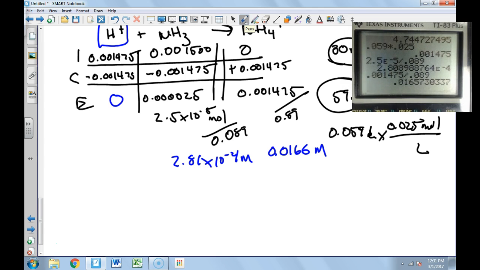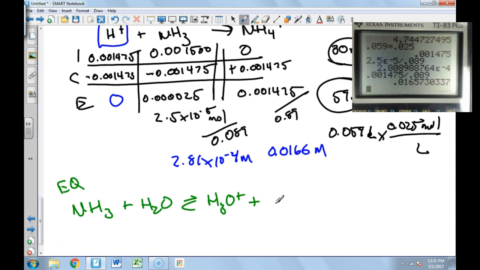Okay, so again, remember, equilibrium reaction doesn't change. Let me do equilibrium. Okay, so this is NH3 plus H2O in equilibrium with H3O plus. Oh, see? I get lazy, and then I think this is a base reaction.